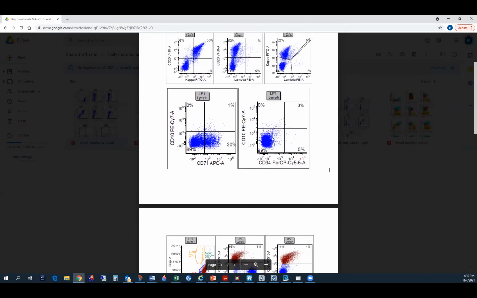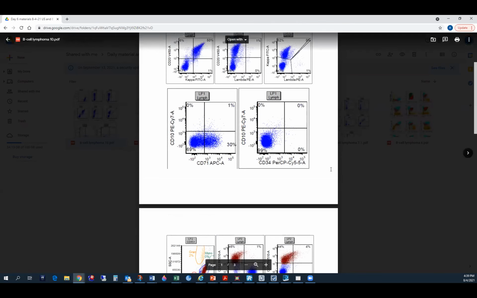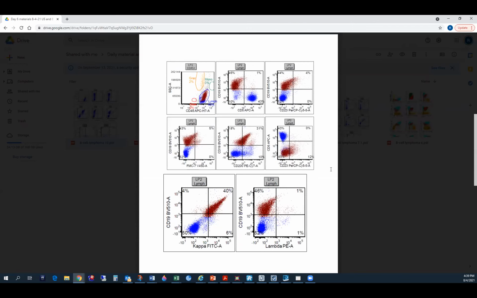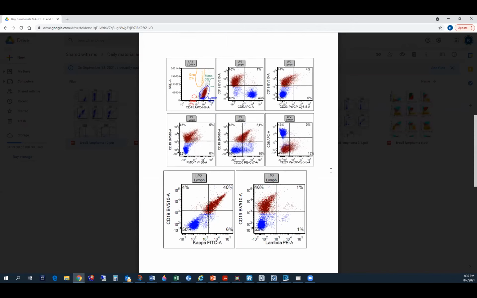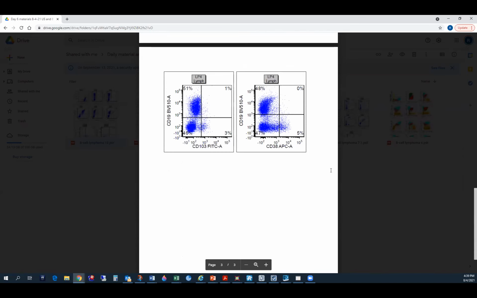They are 34 negative. Okay, they are 19 positive, moderate, and they are FMC7 negative, 200 positive, 23 negative, kappa restricted, and then 103 negative, 38 negative.